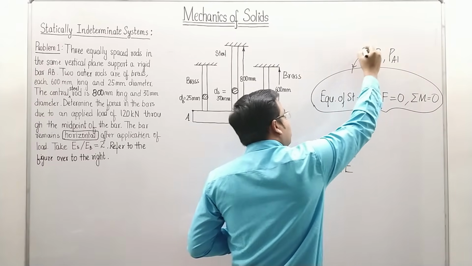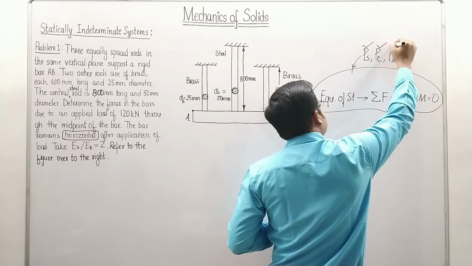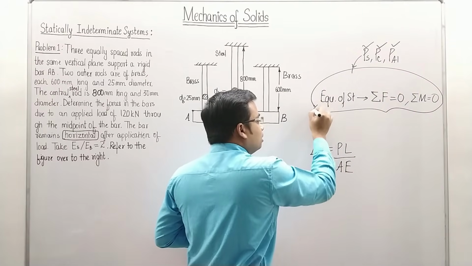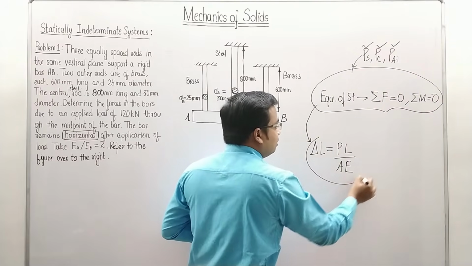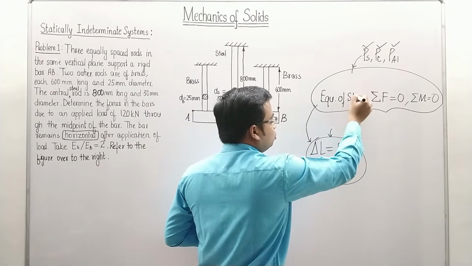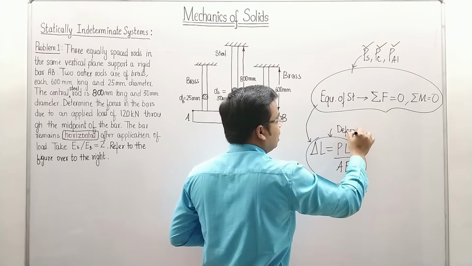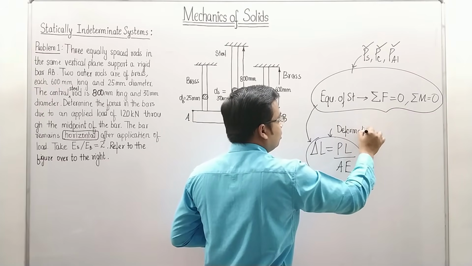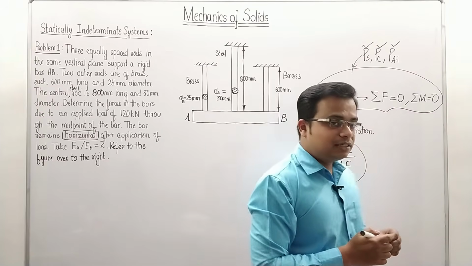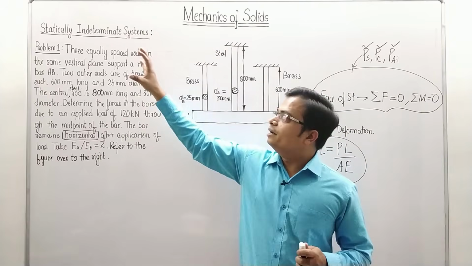If you want to work out the forces along these 3 different materials, it has to be supplemented with this deformation formula, and this is exactly which fulfills the criteria of a statically indeterminate system.